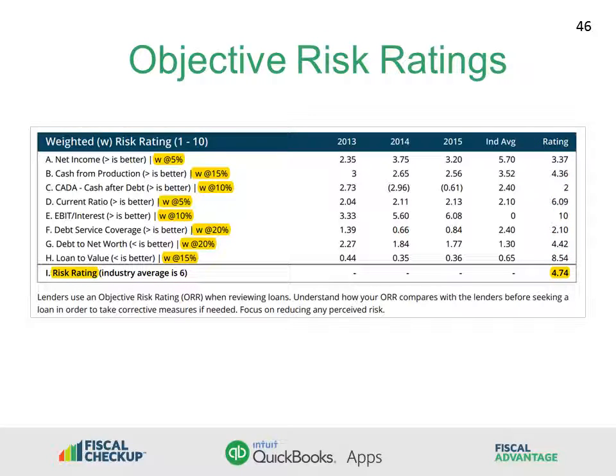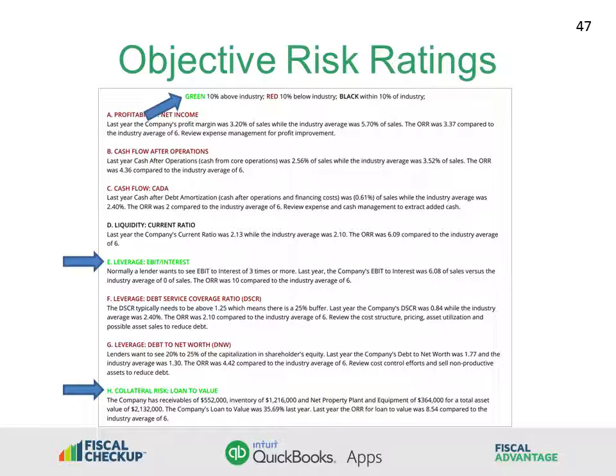To come up with an overall rating for the company, each variable is weighted as shown and a total rating is calculated. If, on average, the company was consistent with their industry, they would receive an average rating of 6. Below the table is an explanation of each ratio.